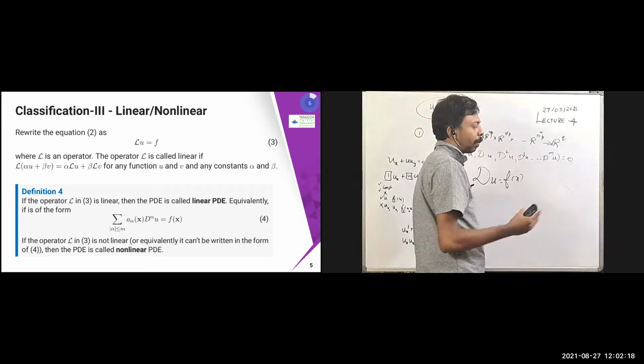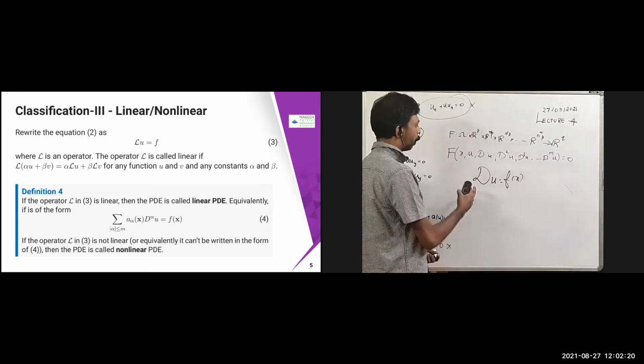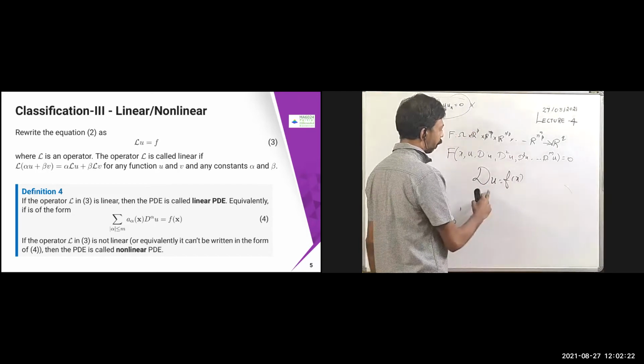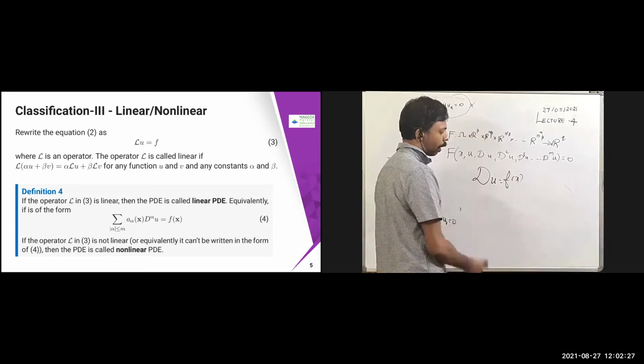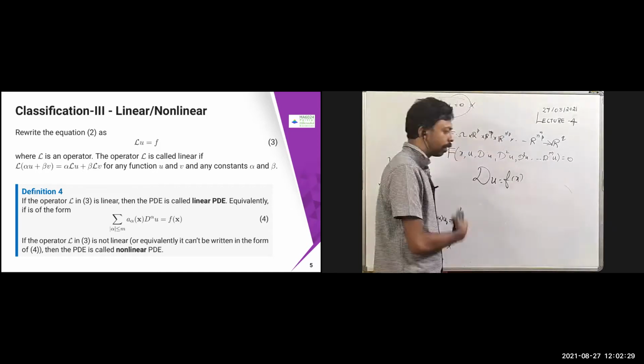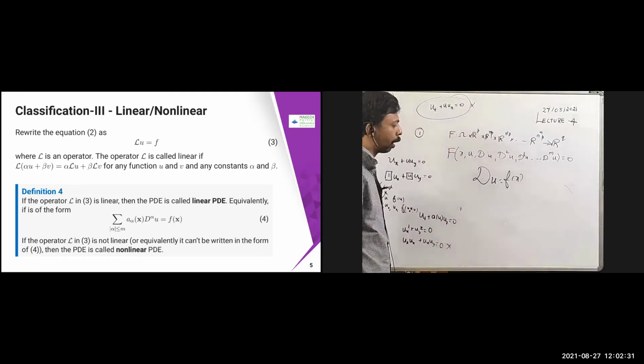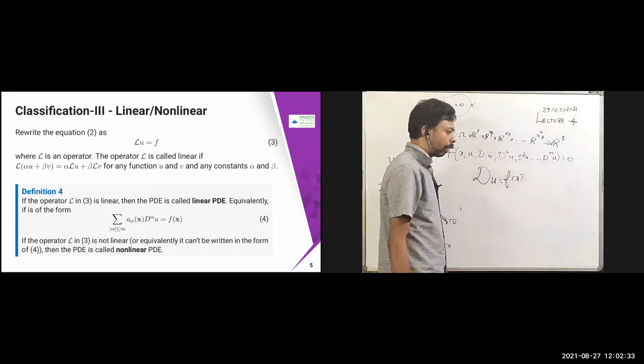And then we classify it as linear and non-linear. Instead of writing DU equal to f of x, if I can write it as Lu equal to f, and this operator L is linear, then we call that PDE linear. Otherwise, we call it a non-linear PDE.